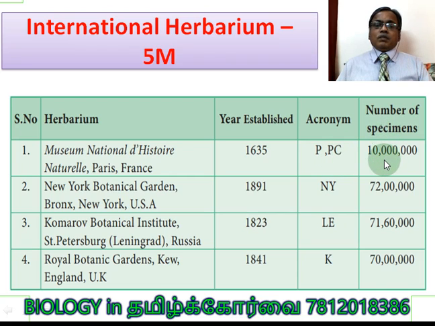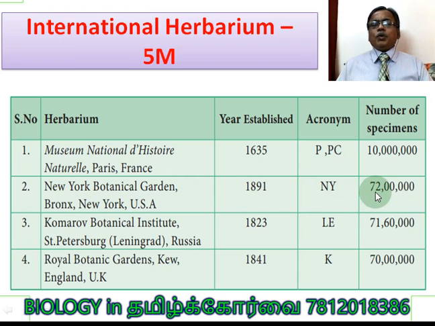Number of specimens: you see here, I think it is 1 crore, 100 lakhs. Yes, 1 crore. New York Botanical Garden, second one. Bronx, New York, USA. Established in the year 1891. Acronym capital N, capital Y.